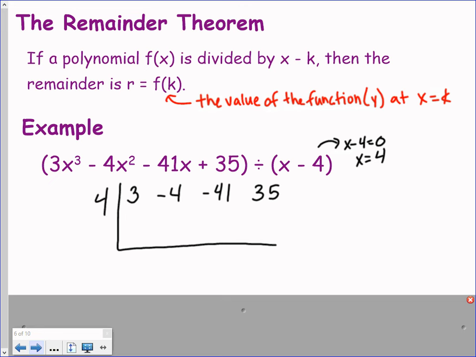And then I always say synthetic division is like repeating a little mantra to yourself: add down and multiply, add down and multiply. And you just do this over and over until you're done. So we're going to start by adding down. And then we multiply. 3 times 4 is 12.